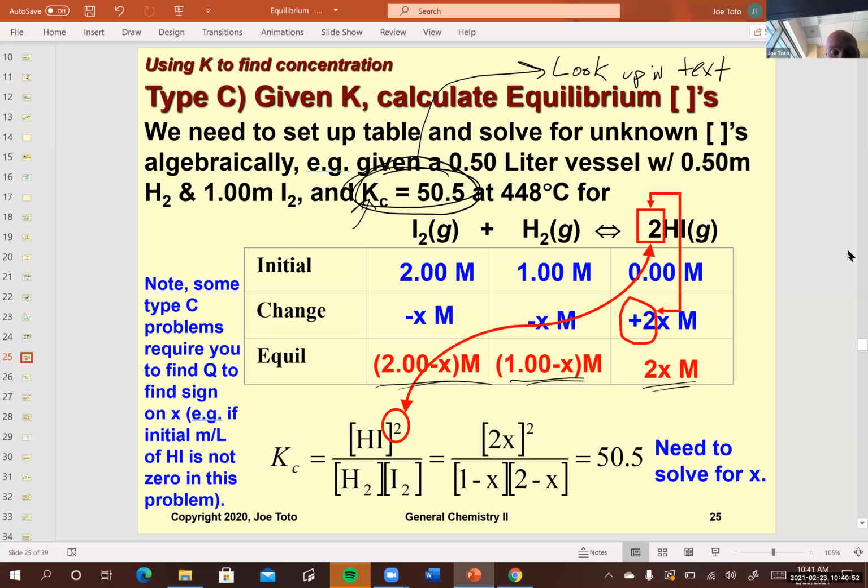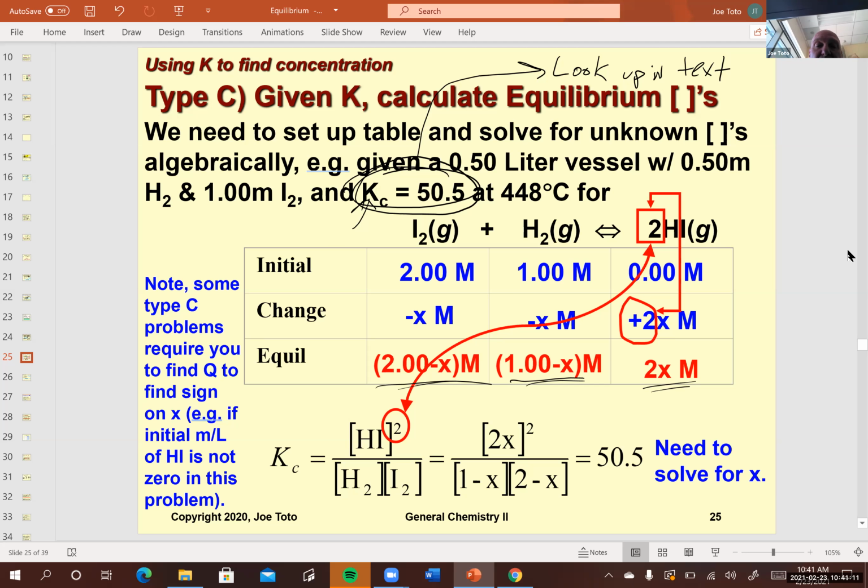So hopefully you can appreciate that and use it, because this is only going to get more and more complicated as we look at acid-base reactions, as we look at precipitation reactions, as we look at the formation of complex ions and so forth.